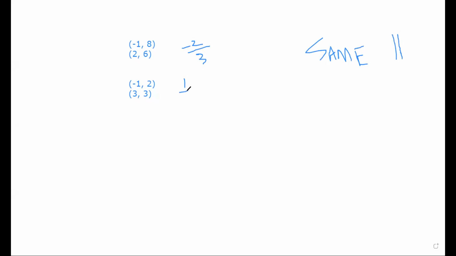Are you sure? I got the same calculations that you did. Is this the negative reciprocal of that one? No. The sign is opposite, but the numbers are different. So these lines have no, they're neither perpendicular nor parallel.